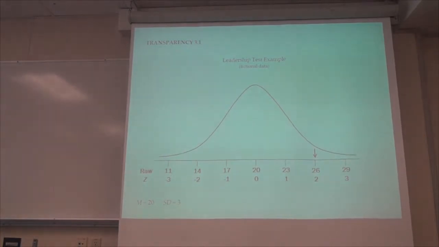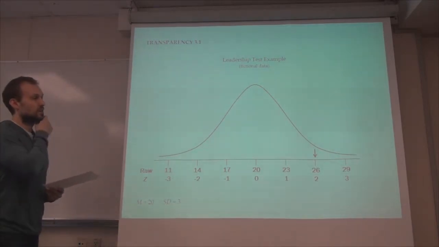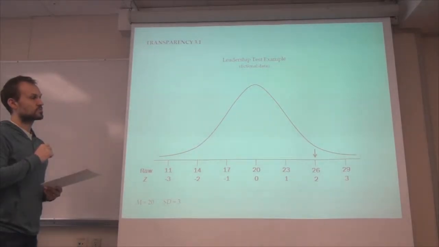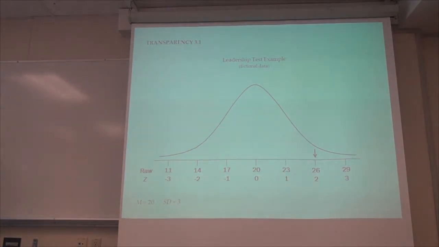Now in this bell-shaped curve, we can say a little bit more about that score. So if I know the standard deviation, it can tell me by how much that score differs above or below the mean. So in this introduction example, I can see the standard deviation as sort of a unit of measurement.